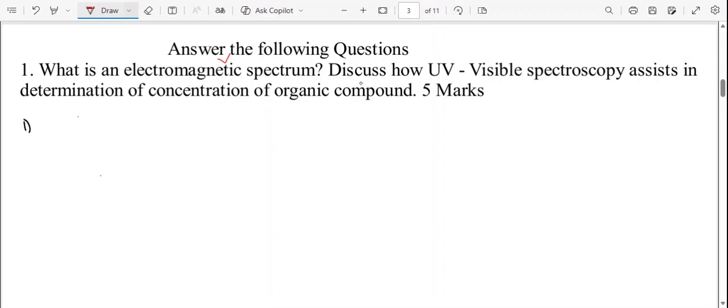Then when we talk about UV-visible spectroscopy, we are talking about the transition of electrons in matter. So how do we determine the concentration? UV-visible spectroscopy is based on the absorption of ultraviolet or visible light by molecules.